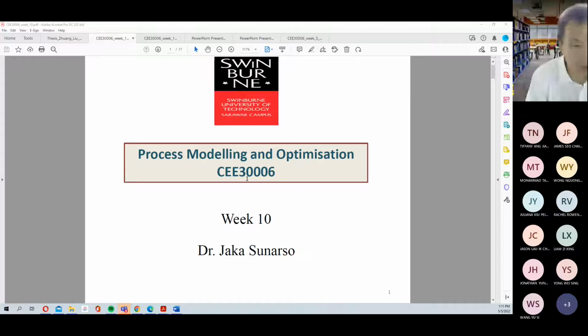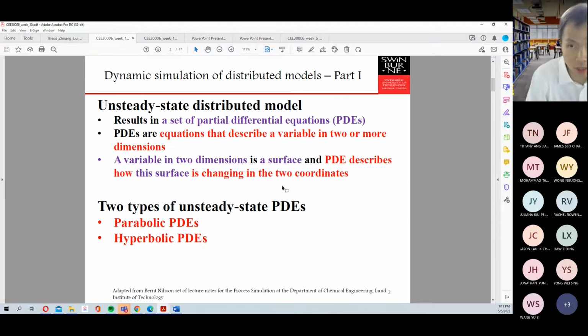So in here I don't have anything else to discuss, but the discussion is on the dynamic simulation of the distributed model. Like I mentioned earlier, if we have variables of time and also the coordinates, which are the positions in our system, then we will get partial differential equations.